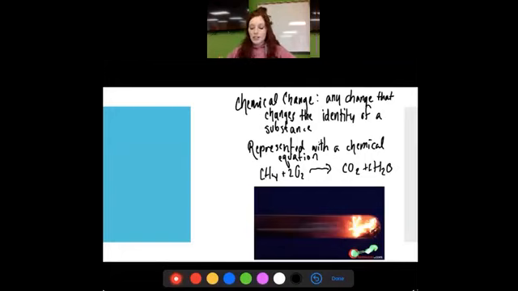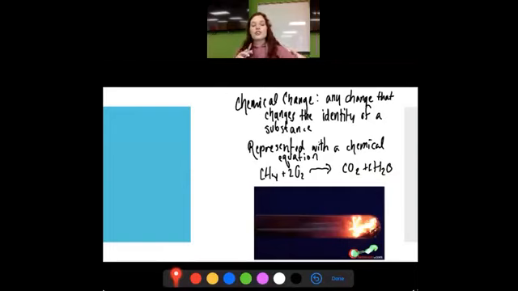That's a chemical equation. So if you take a look at that chemical equation, you can see we start with CH4 and O2. So methane is 1 carbon and 4 hydrogens. Oxygen is just O2. And you end with CO2 and H2O. So you end with carbon dioxide and water.